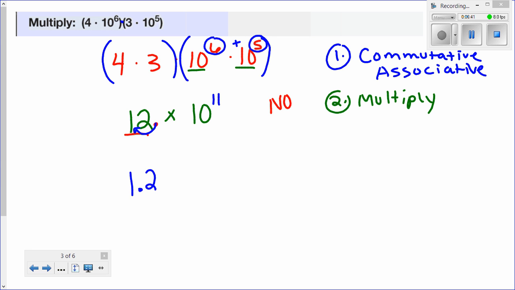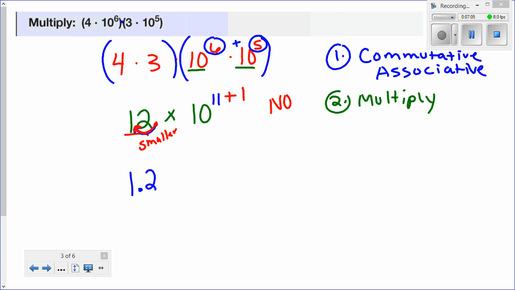When we move that over, you can't just move it over and keep your 10 to the 11th power. Because we moved it over, we have to do something to this exponent, okay? Here we have 1.2, and if we move it to the left, if our number got smaller, which it did, that means our exponent has to increase by the number of times the decimal moved.